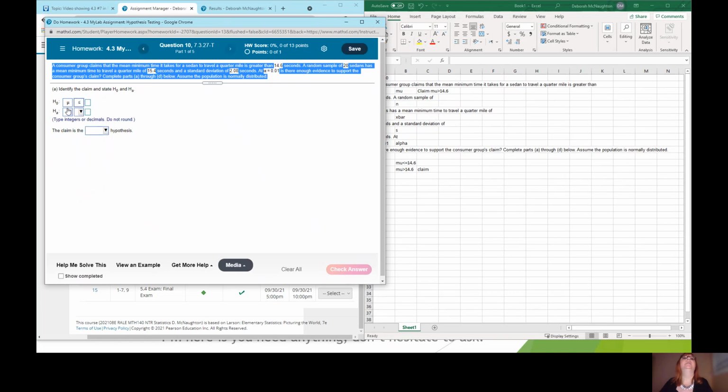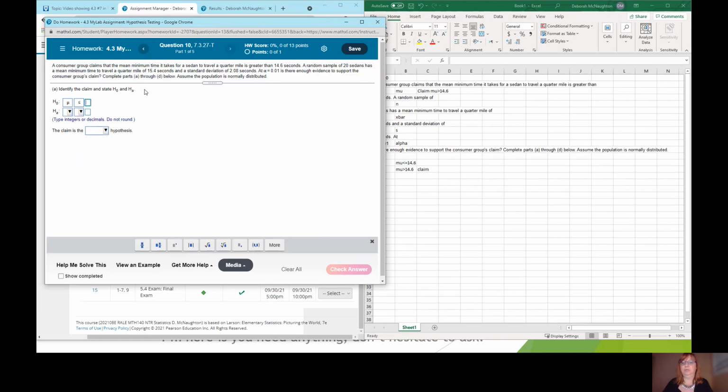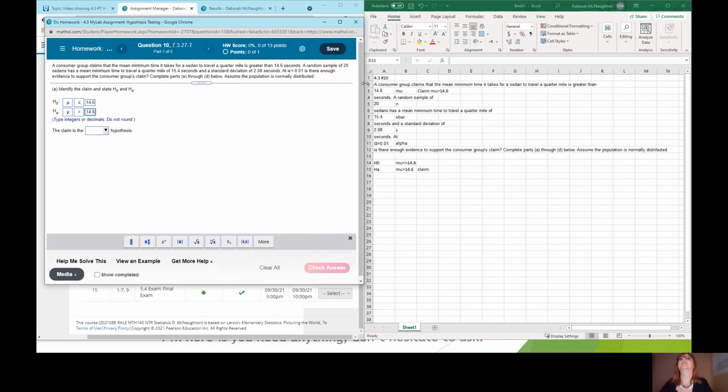So the null hypothesis is mu less than or equal to 14.6, and the alternative hypothesis is that mu is strictly greater than 14.6. Okay, and the claim is the alternative hypothesis.